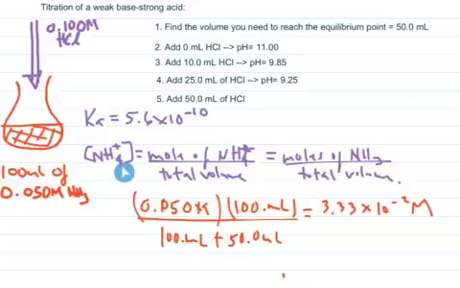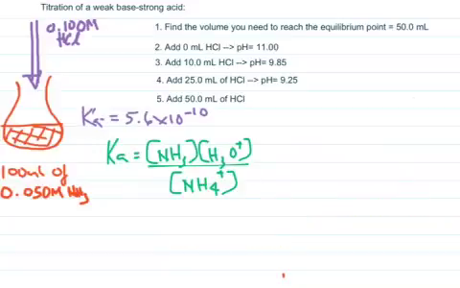So now that we have ammonium, we're going to find the hydronium. How do we do this? We use the dissociation constant. We know the Ka dissociation is NH3 times hydronium all over ammonium equals the Ka. Now we've done this in chapter 18 where we get x squared all over the ammonium initial, and we don't need to minus x because we know this is a weak acid. So now we're just going to plug in.